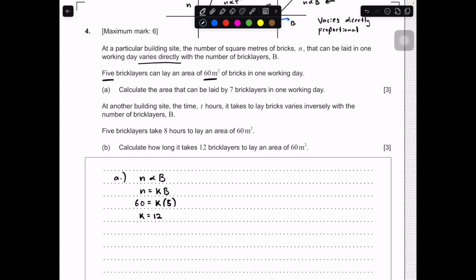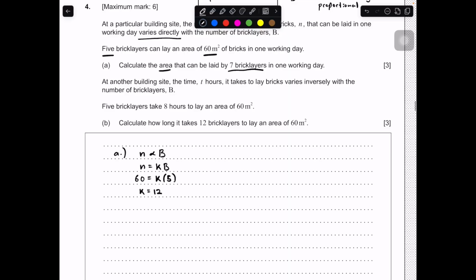So calculate the area that can be laid by 7 bricklayers. We know we have this equation where n is equal to k times b. The number of square meters of bricks we can lay is equal to, we found k was equal to 12, so 12b.